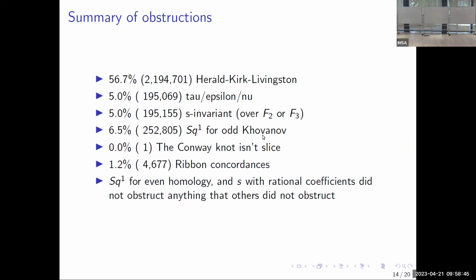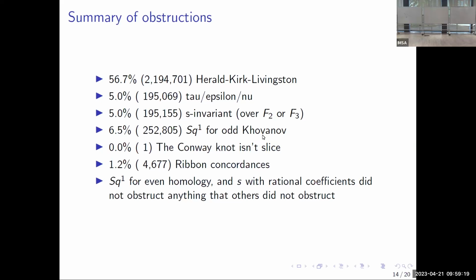For the S invariant, how much of the 5% is from just using F2? I think it was all F2 basically. I don't remember, but I think what we found was that tau, epsilon, and mu, and also the S invariants, all essentially obstructed the same set of knots.